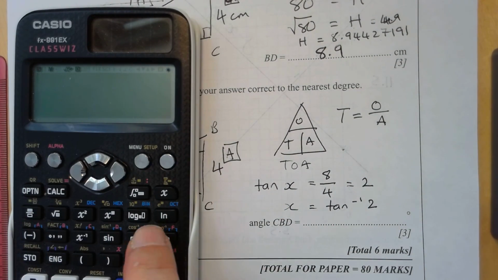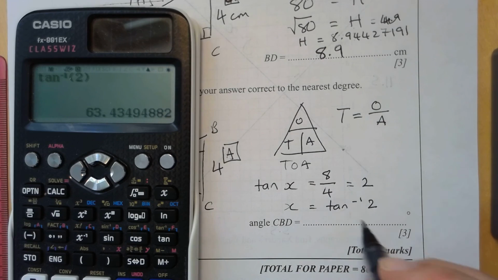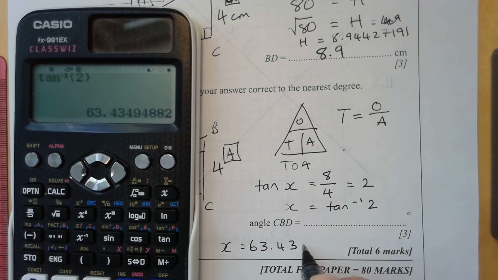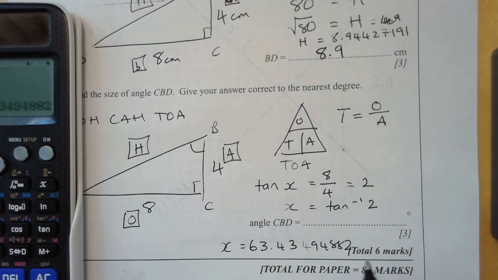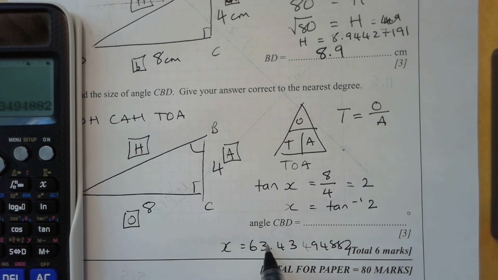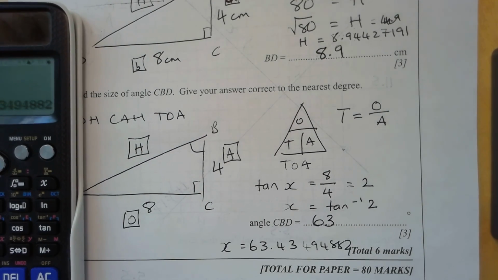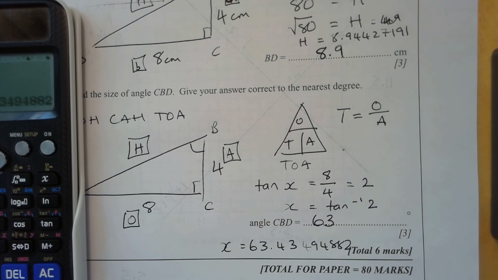So inverse of my tan, I use my shift button, and in brackets I need to put the 2, close the brackets, and that gives me X equals 63.434948882 to the nearest degree. So 63 is the nearest degree. Do we need to round it up? No, we don't, so we're just looking at 63 degrees. And that's it. Mark your paper out of 80.